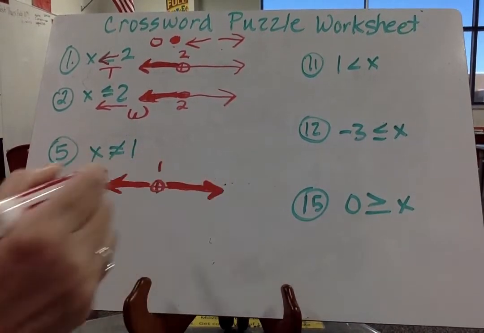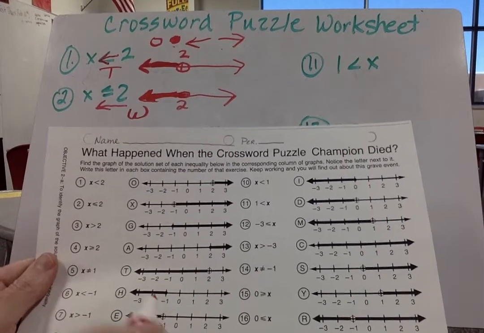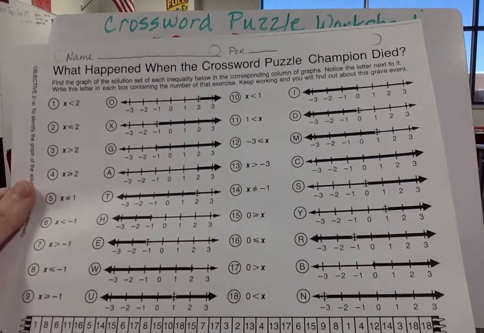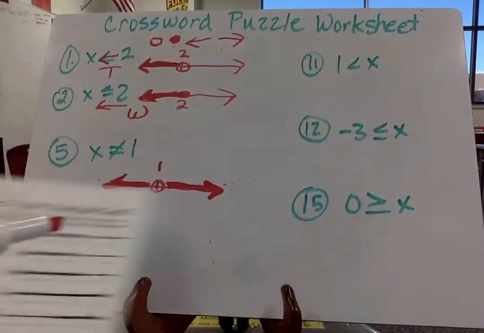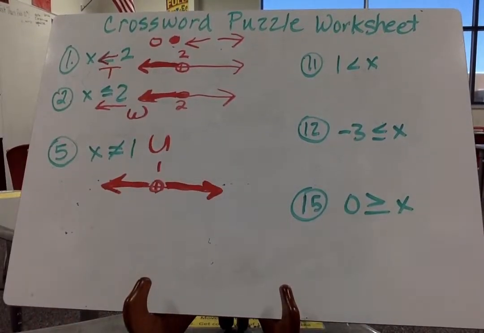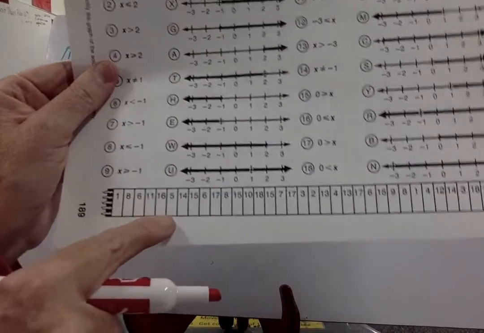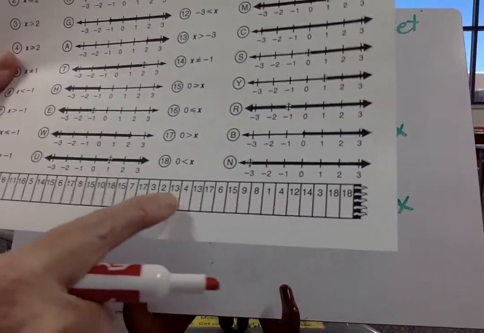So that one's a little bit of a trickster. So number 5, where everything's shaded but the number 1. There it is right there down at the bottom, U. So we know 5 is U. So again, down below we find the 5 right there and we put a U wherever you see a 5.